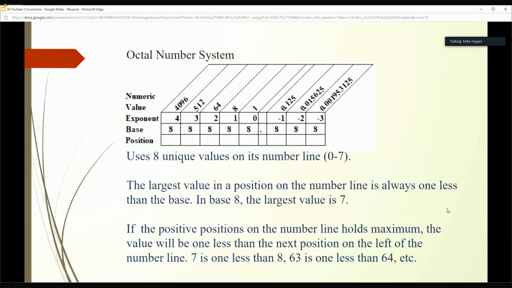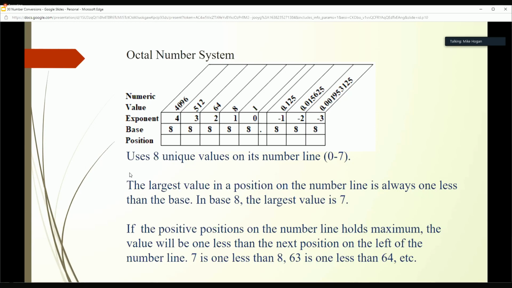We look at octal, our octal numbering system, and I'll be upfront in terms of using octal. You're going to use hex, you're going to use binary much more than you're going to use octal.